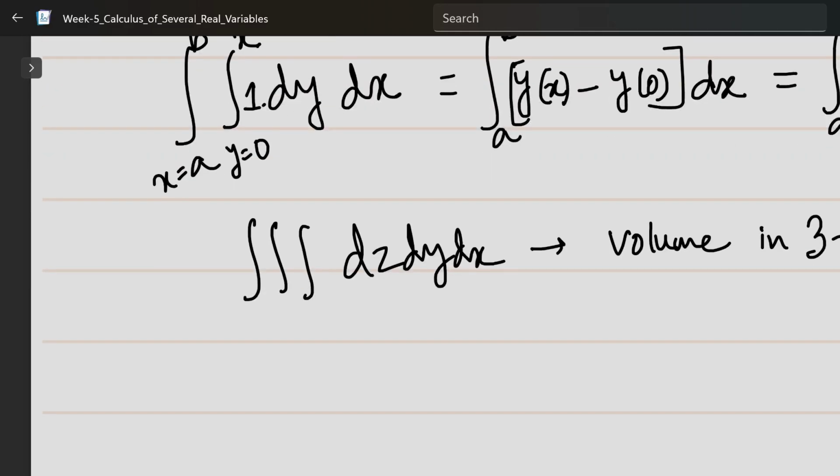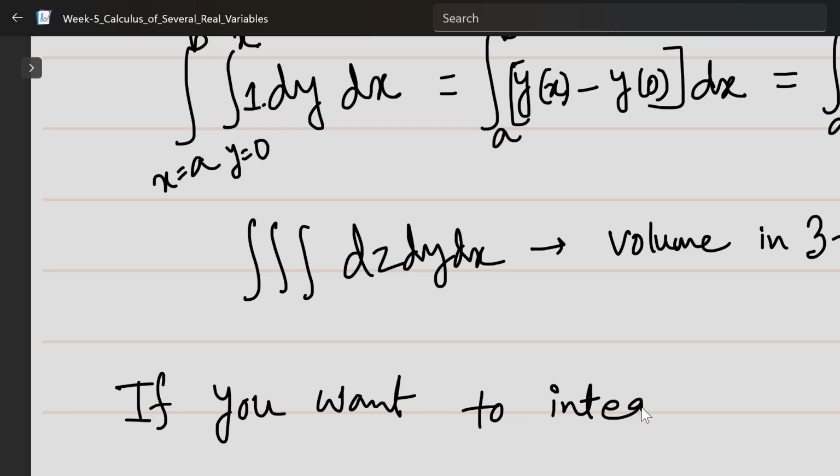To find such integrals, if you compute directly, sometimes it is not possible to solve. If you want to integrate directly, you first integrate with respect to y, then with respect to x.